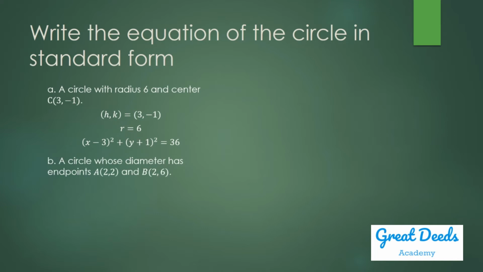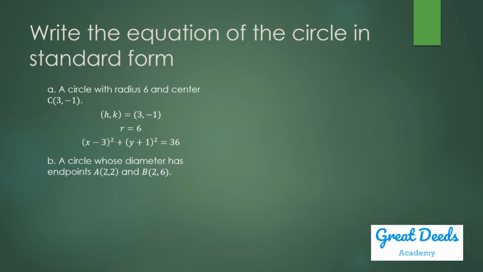Write the equation of the circle in standard form. A circle whose diameter has endpoints (2, 2) and another endpoint with coordinates (2, 6). The midpoint of the diameter is going to be the center of your circle. How do we get the midpoint of a line segment given the endpoints?